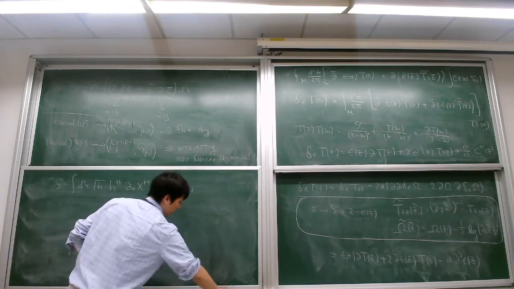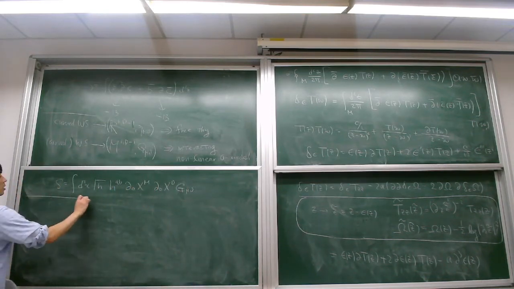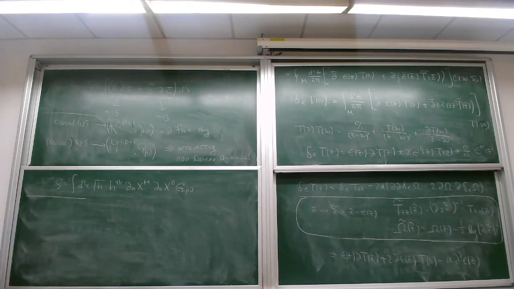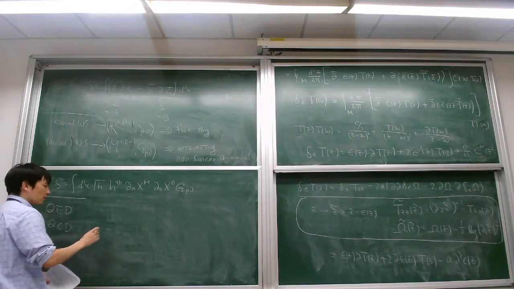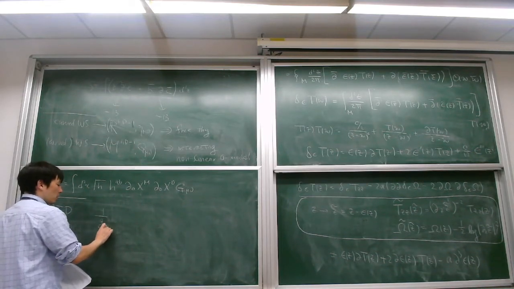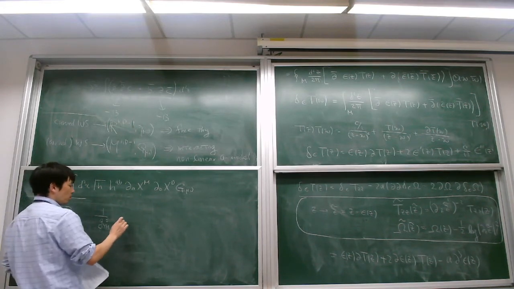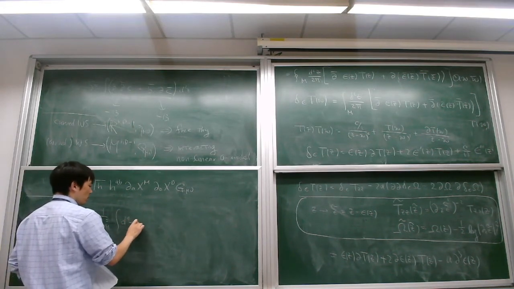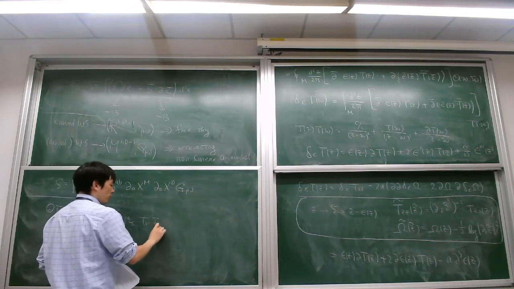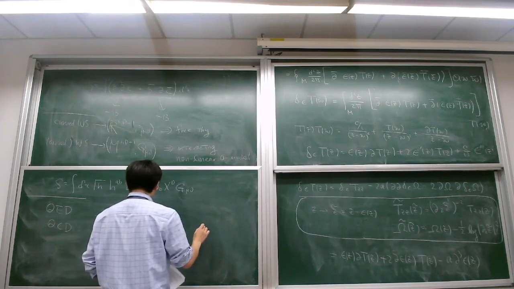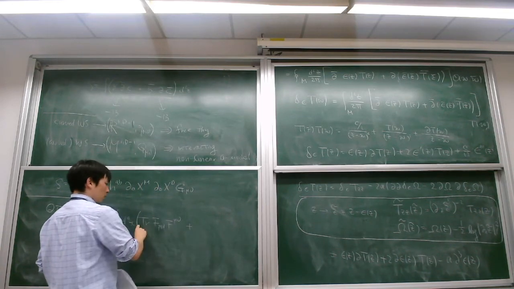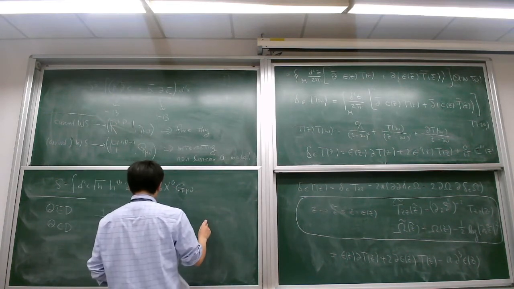So for an interacting theory, what you learn is, whatever, QED or QCD, you have a coupling constant 1 over g Yang-Mills squared, times trace F mu nu squared, and plus a fermion term.